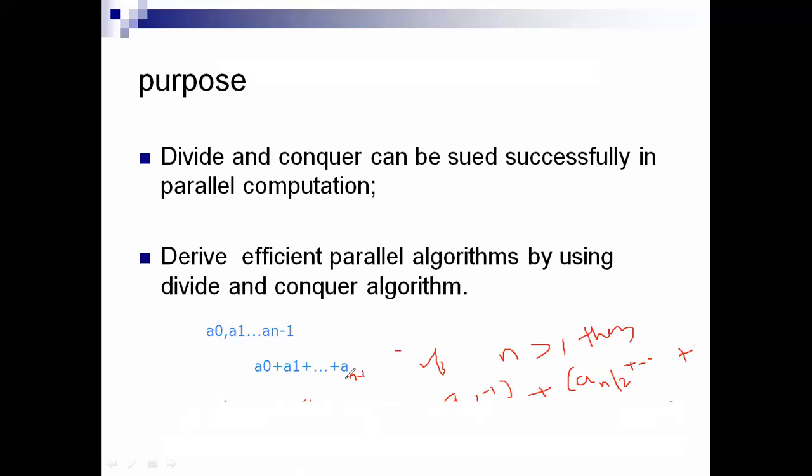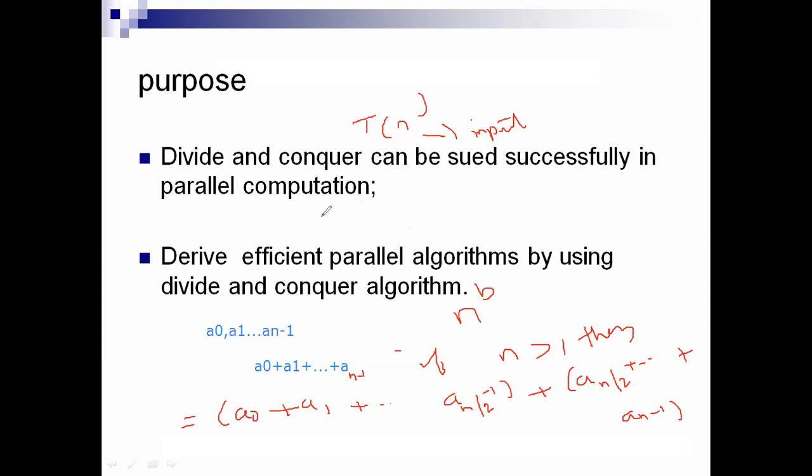So what is the time efficiency? We represent time efficiency as T of n, where n is the input size. Here, for example, n is a power of b.